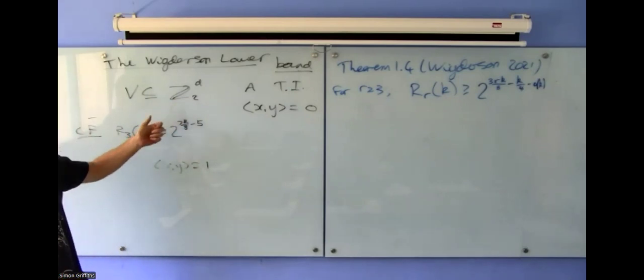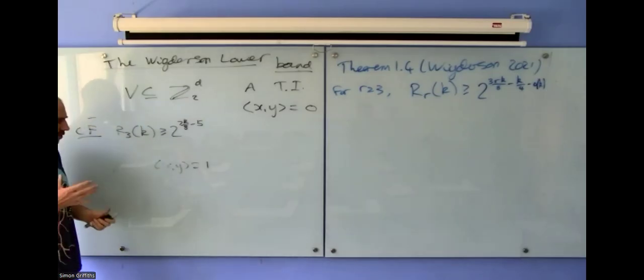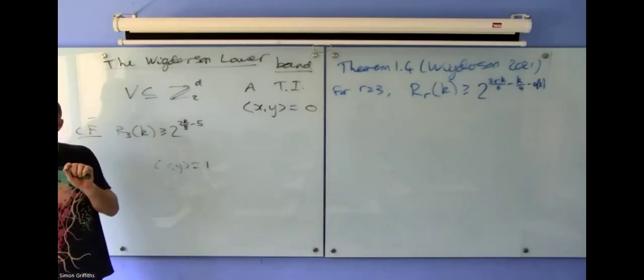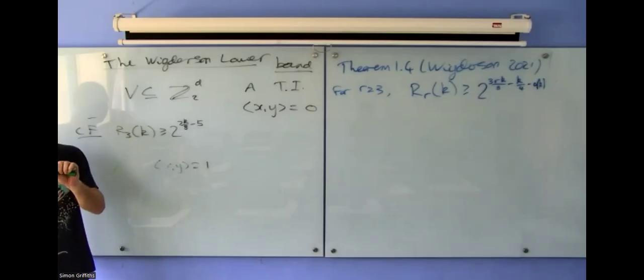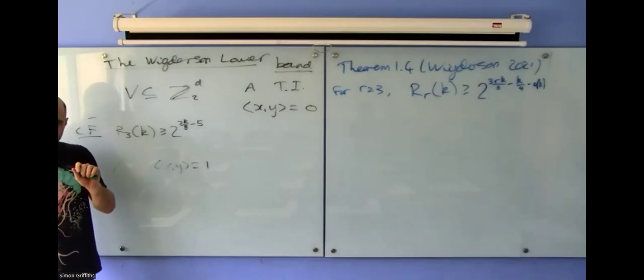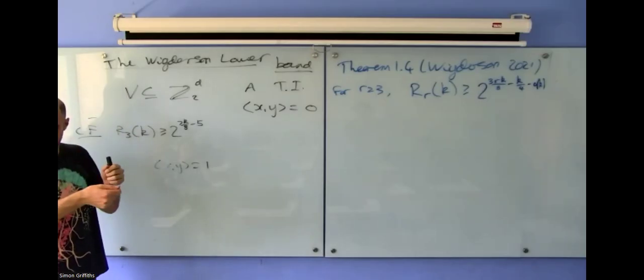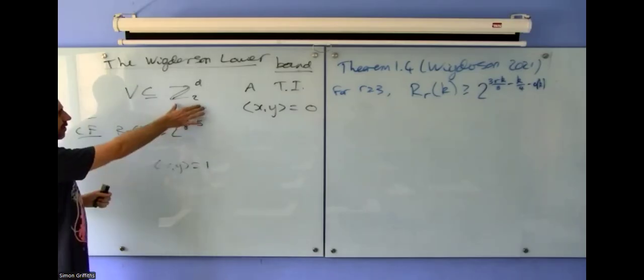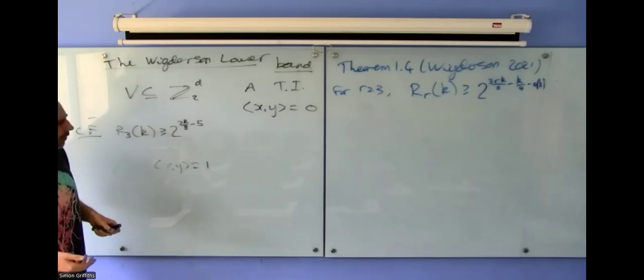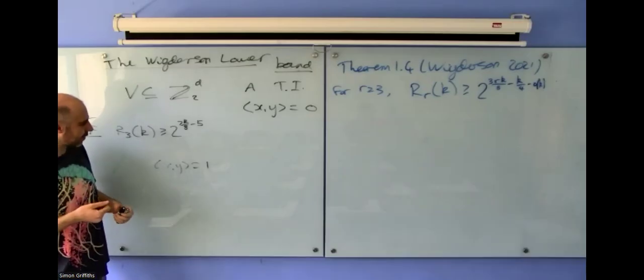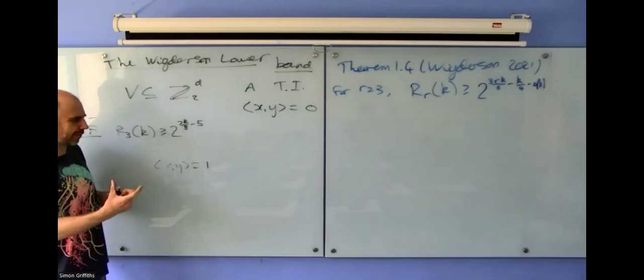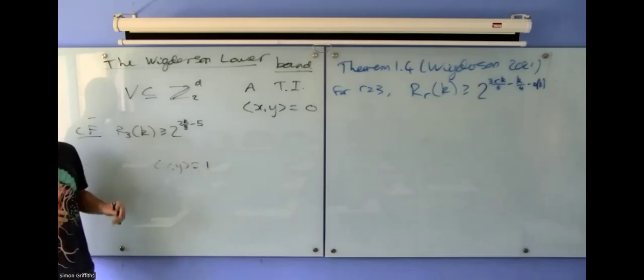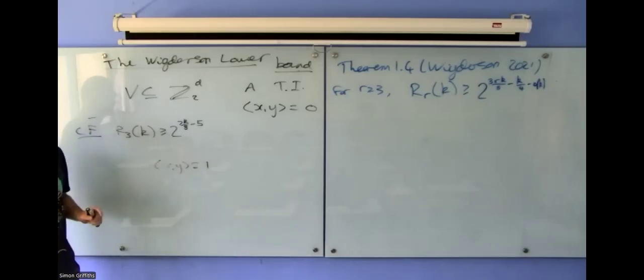So you want an example on more vertices than the 2 to the k or 2 to the k minus 1 you'll have available. But you can still do the same idea of sending the vertices you really care about by some random function into Z_2 to the d, Z_2 to the k, and colouring them green if they have inner product 1.